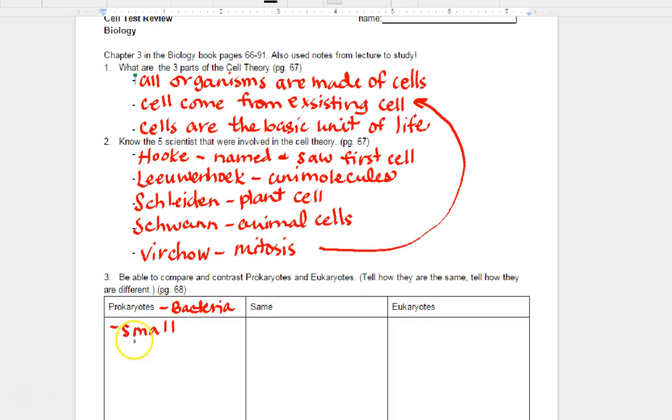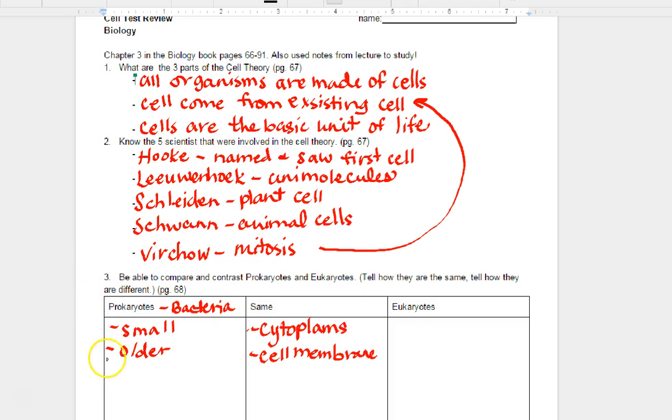They have cytoplasm, so that's something that is the same. They also have a cell membrane. But they're very old. They're a lot older than our cells. They were around Earth before we were.